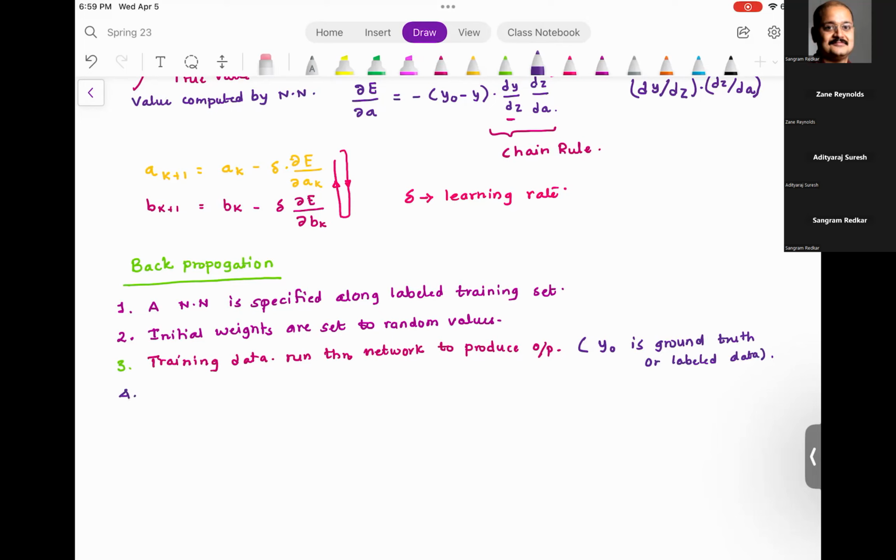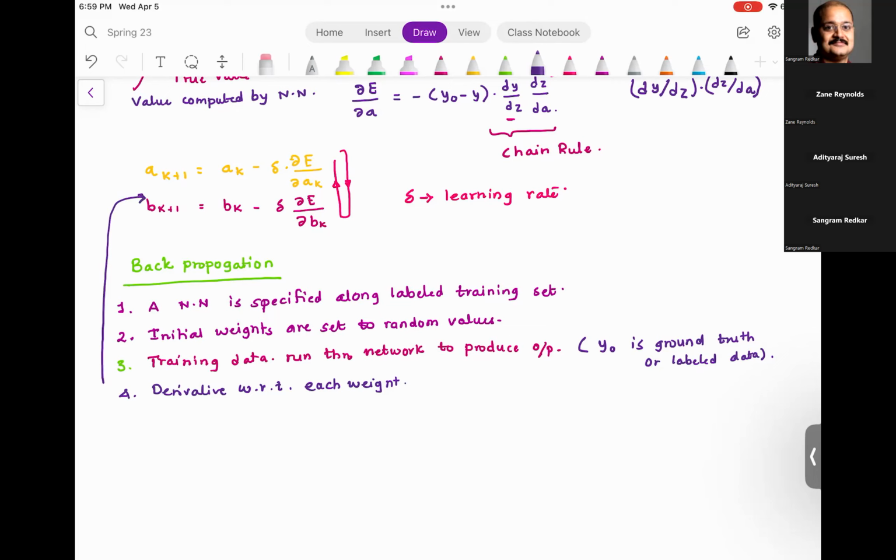The fourth one is you are going to get the derivative with respect to each weight using the propagation formula that is shown over here.